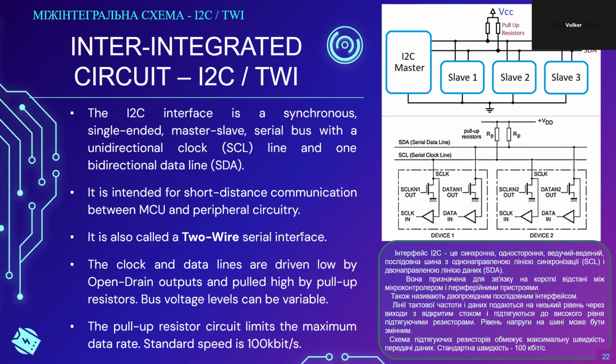On many microcontrollers, even if the microcontrollers were intended for 3.3 volt operation, the pins that implement the I2C interface are 5 volt tolerant. Because the microcontroller is not actively driving, the high state is pulled by those pull-up resistors. Those pull-up resistors can connect to 3.3 volts, or they can connect to 5 volts.